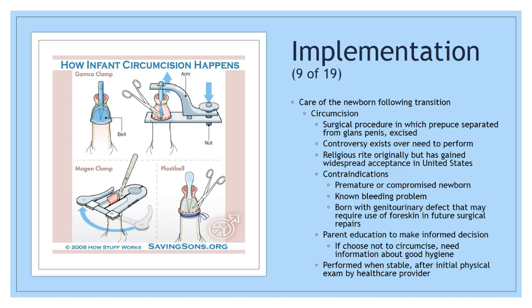Circumcision is a very frequent procedure that we see in little boys. It is an elective procedure in a newborn. So if you have Medicare or Medicaid, those insurances will typically not pay for circumcision because it is an elective procedure. But individuals with private insurance, that will typically pay for a circumcision.